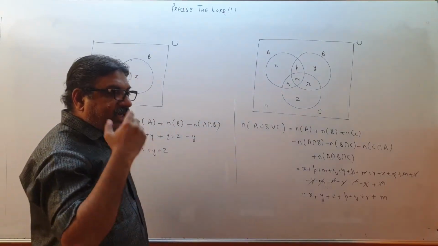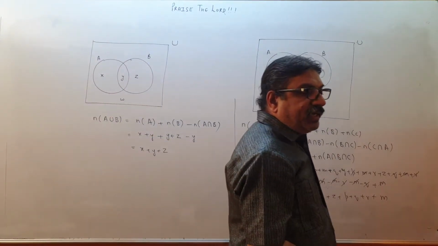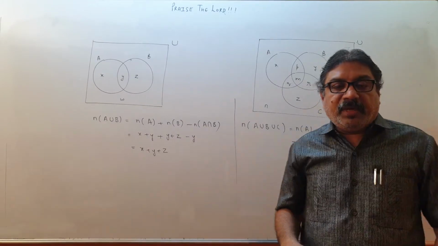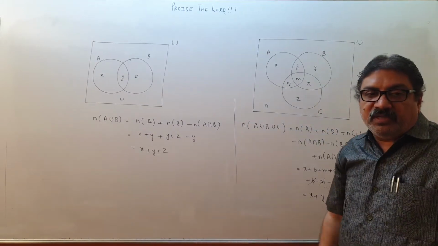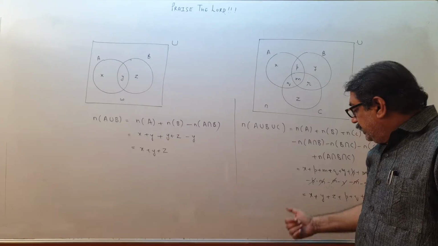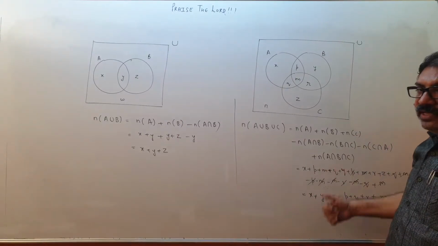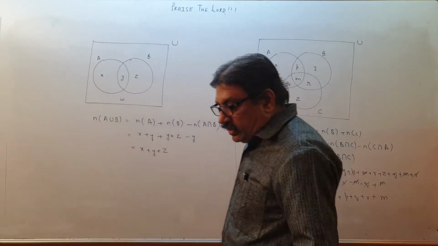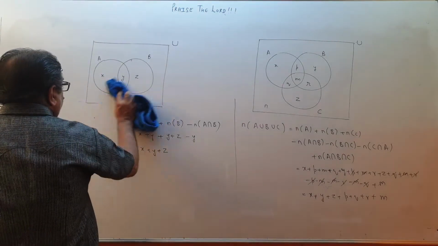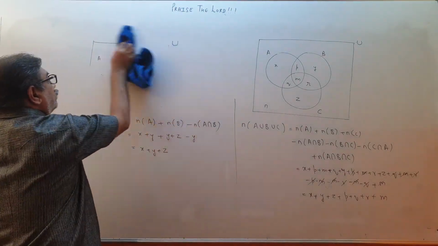So therefore, n(A union B union C) will be n(A) plus n(B) plus n(C) minus n(A intersection B) minus n(B intersection C) minus n(C intersection A) plus n(A intersection B intersection C). So after knowing these formulae, let us start.